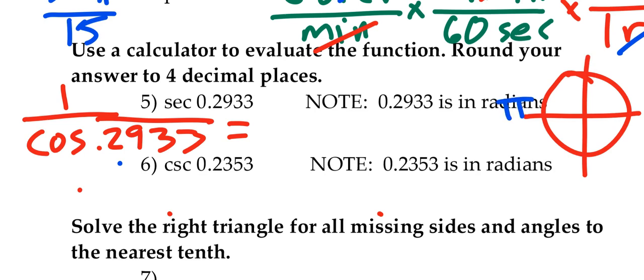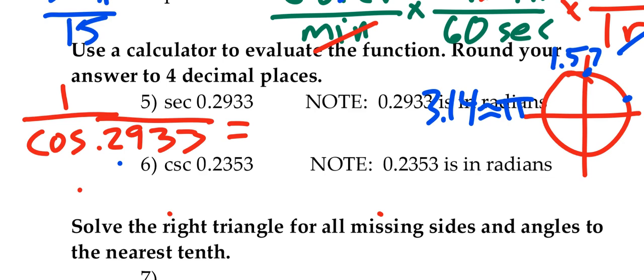What's the decimal approximate for pi? 3.14. What about the top of the circle right there? We called it pi over 2, which is approximately 1.57, right? So where in the heck is 0.2933? Somewhere over there, right? It's in quadrant 1.